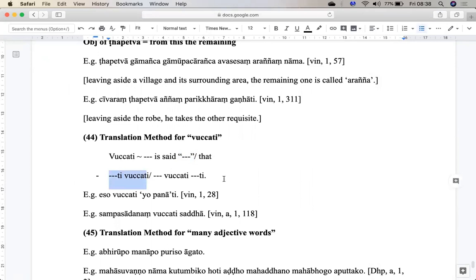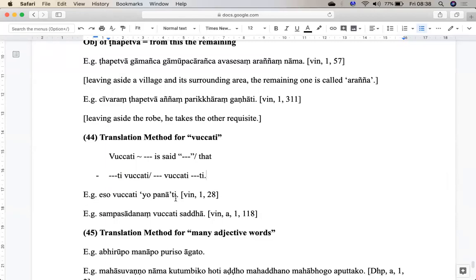Okay, Wojedi, iti. In this way we can understand. Mostly with iti we can find Wojedi, but sometimes without iti also we can find it. But iti should be understood.